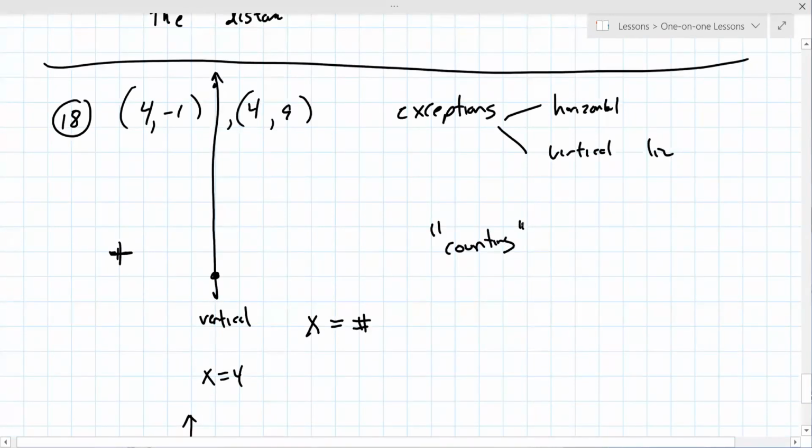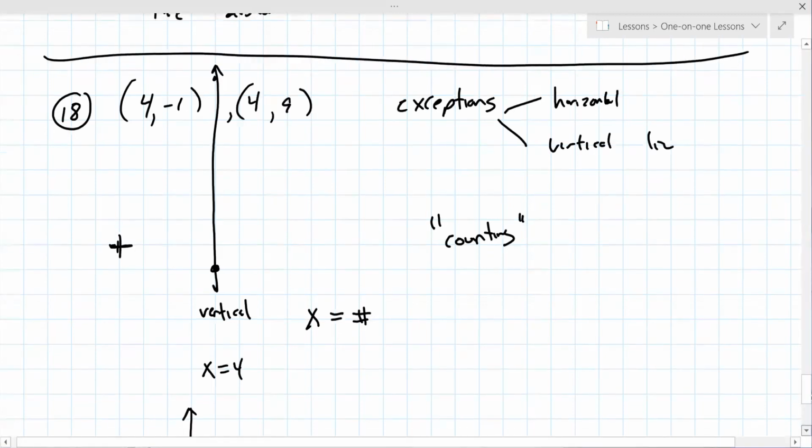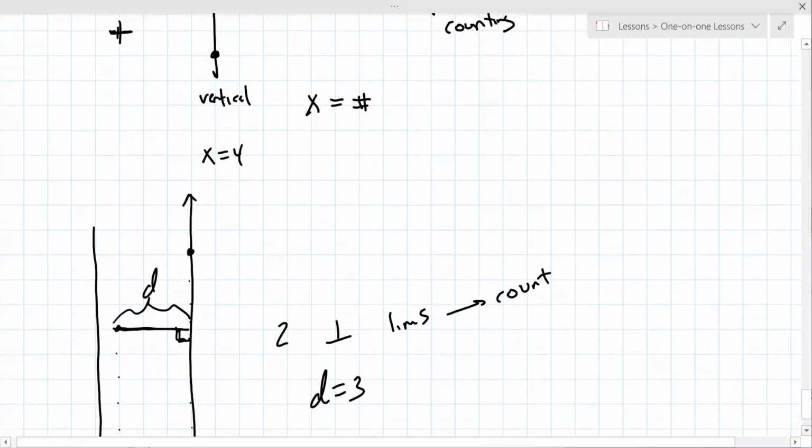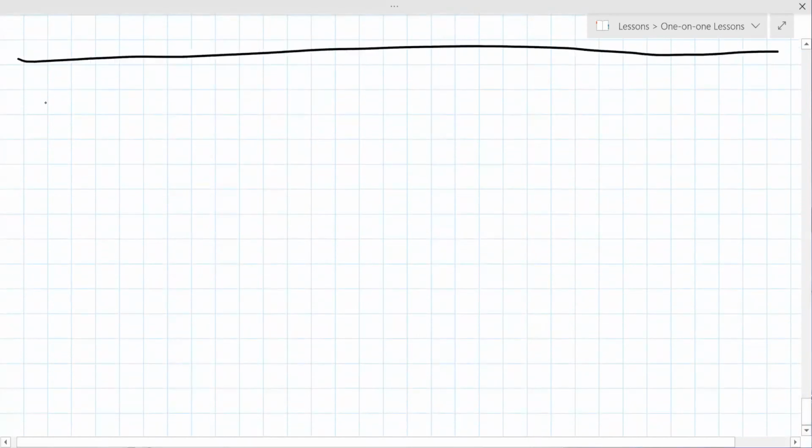So let's see if I can find another one here that's like that. 20. We'll do 20 real quick, and then we'll go back and do one of the more difficult ones. So 20 is the other exception. 20 has the line containing -8, 1, and then 3, 1.